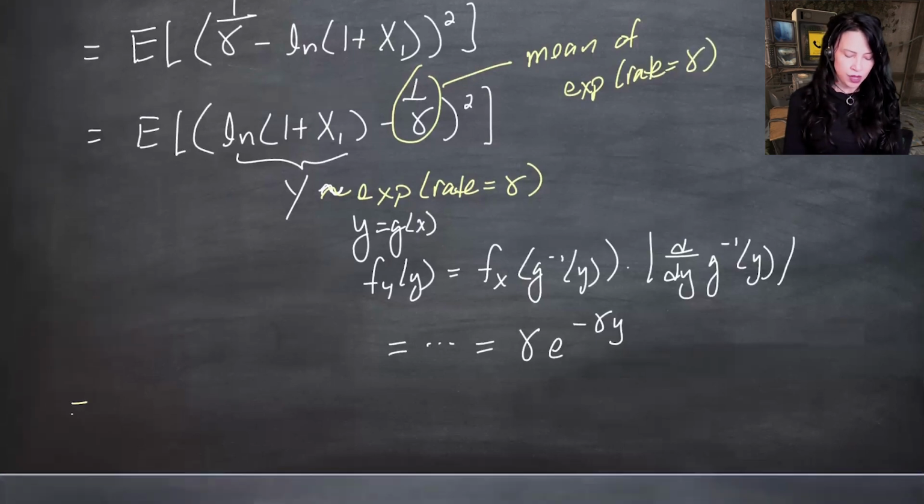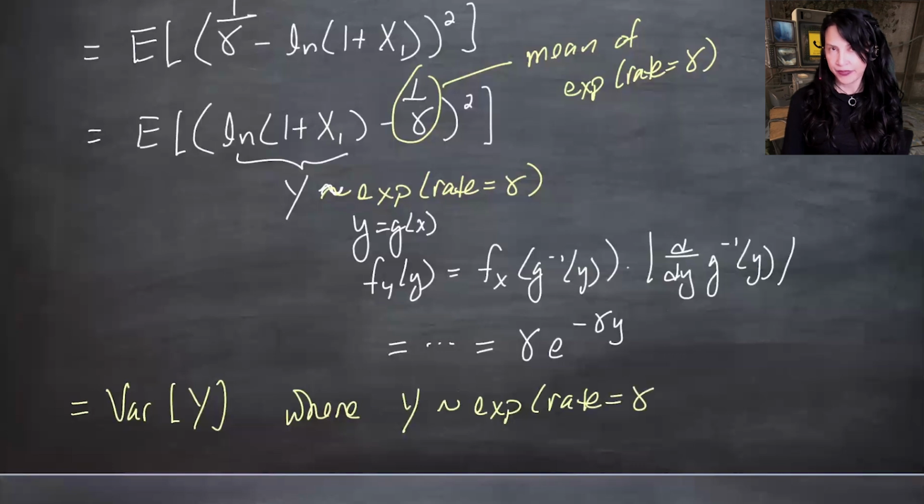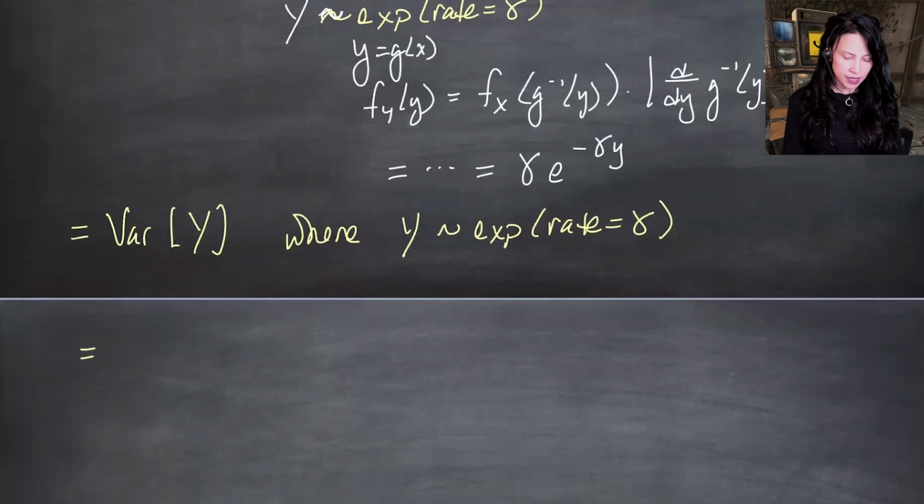So overall, let's go straight to the variance. I've got the variance of y, where y has an exponential distribution with rate gamma. And the variance for the exponential is 1 over lambda squared, in this case, 1 over gamma squared.